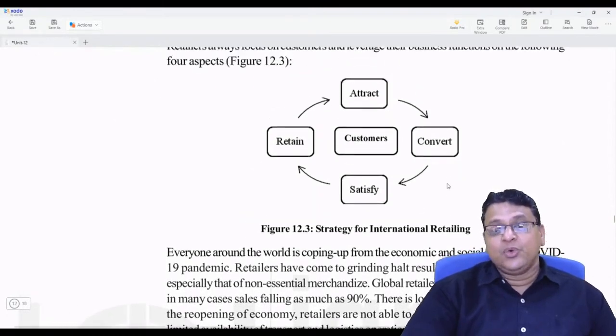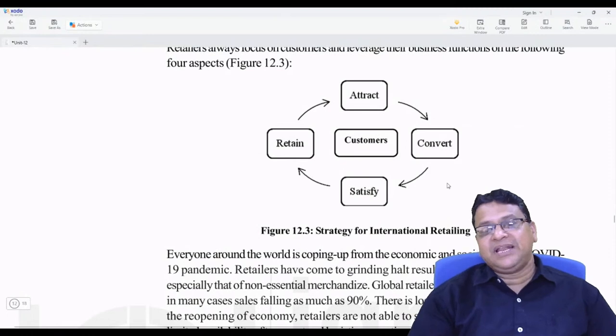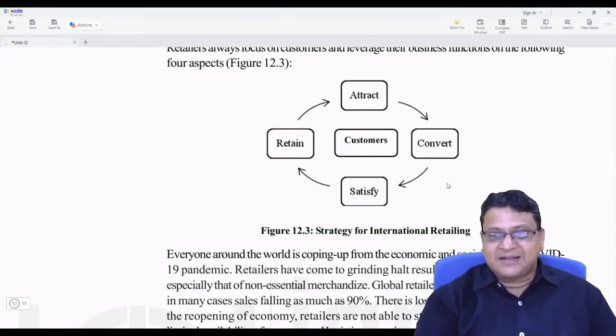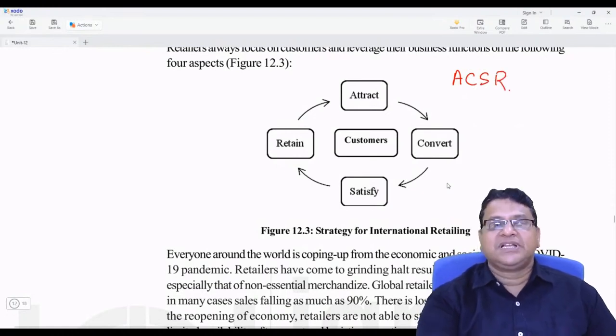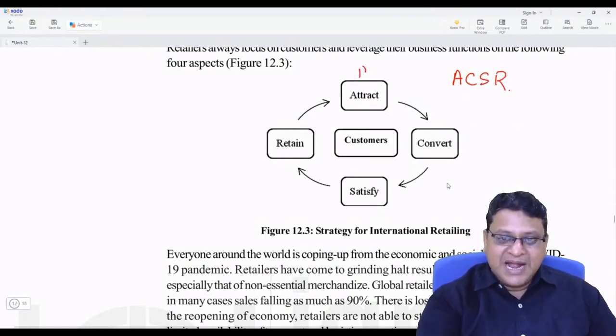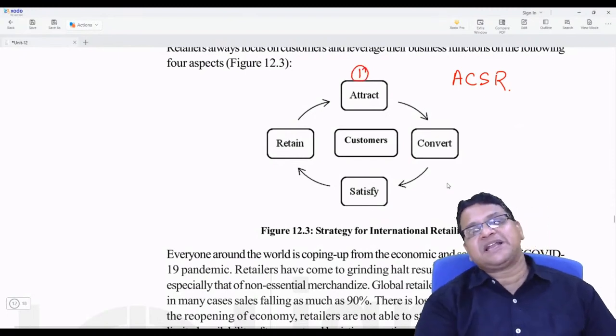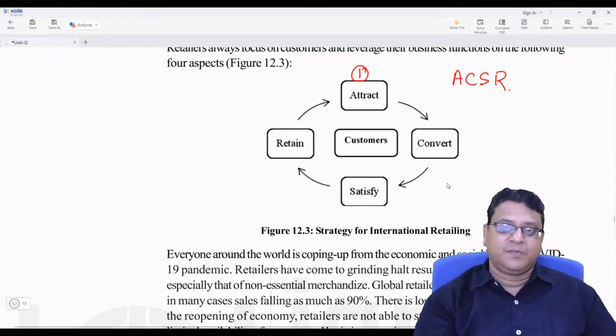So in case of international retailing, we follow a model. That model is the attract, convert, satisfy, retain model, the ACSR model. What is it? First, we attract the customer. In case of retailing, the first thing is to attract the customer.